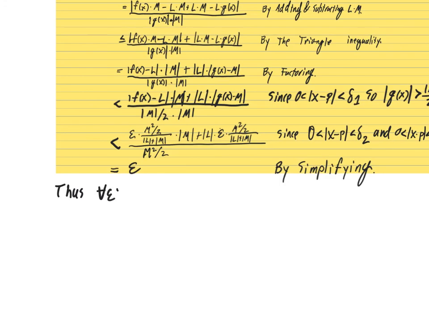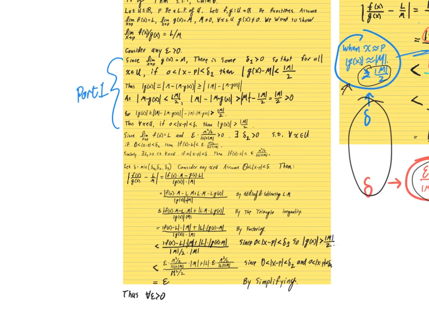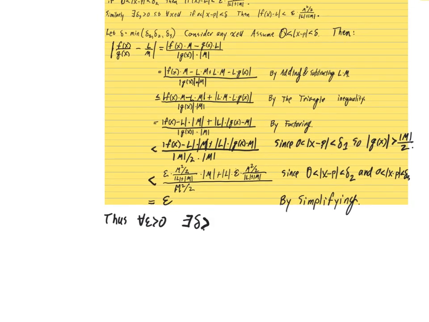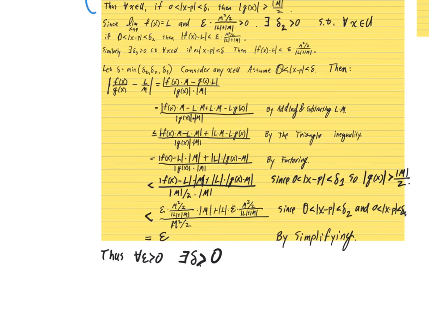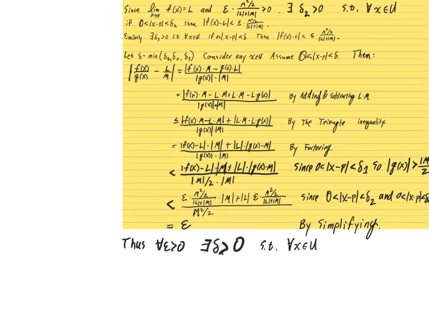Thus, for all epsilon greater than 0, did this proof start by considering any epsilon bigger than 0? Yes. There exists a choice of delta. Did we come up with a choice of delta bigger than 0? Yes, it was the min between 3 choices of delta. Why was it positive? Well, all 3 of those, delta 1, delta 2, and delta 3, were all positive. The min of 3 positive numbers is still positive. Such that, for all x in U, did I consider any x in U?